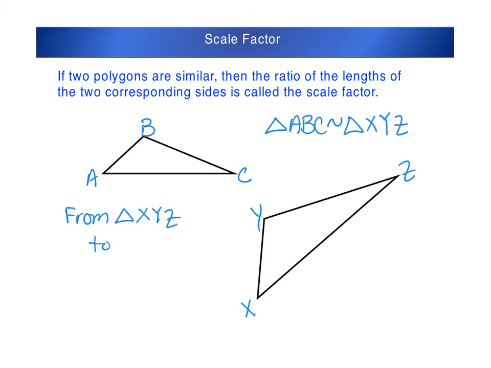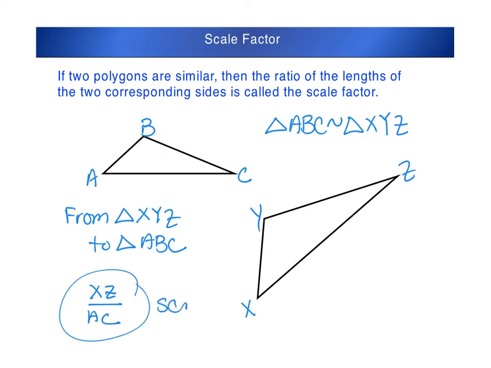XYZ to triangle ABC is XZ over AC. This is the scale factor. And the order matters.